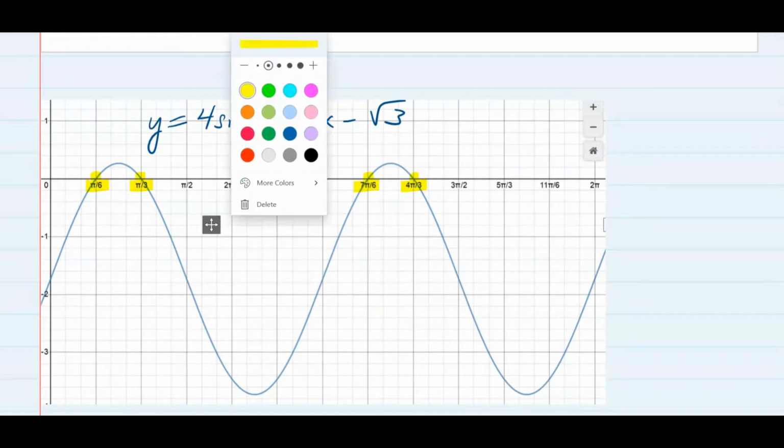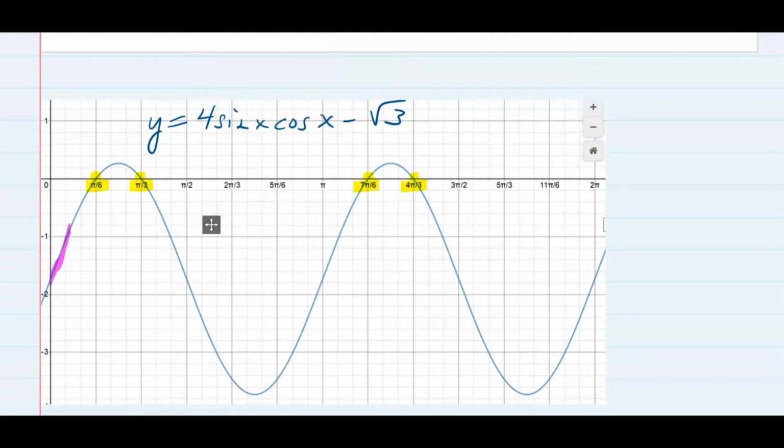And I'm going to use a different color for this. I'm going to use a bright pink, and we're going to be going from 0 radians right here up to pi over 6. We're going to be going from pi over 3 all the way over to 7 pi over 6 here.